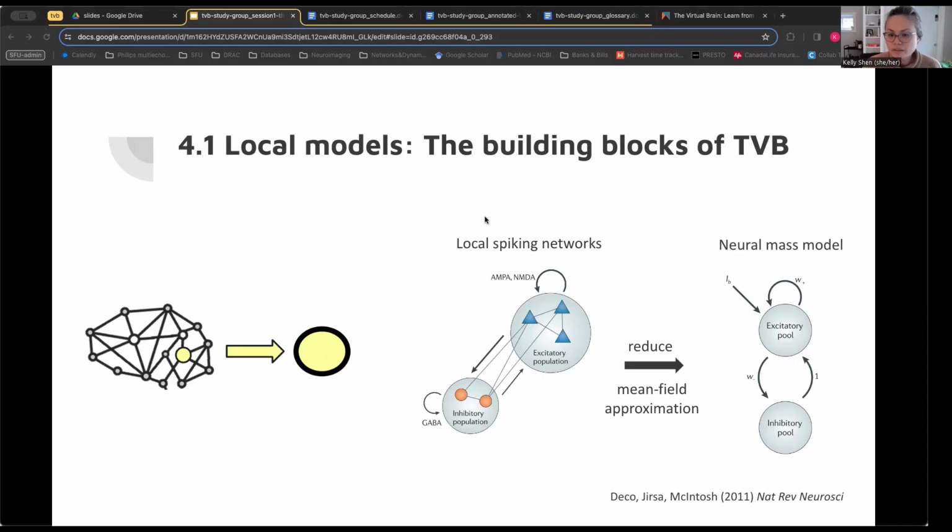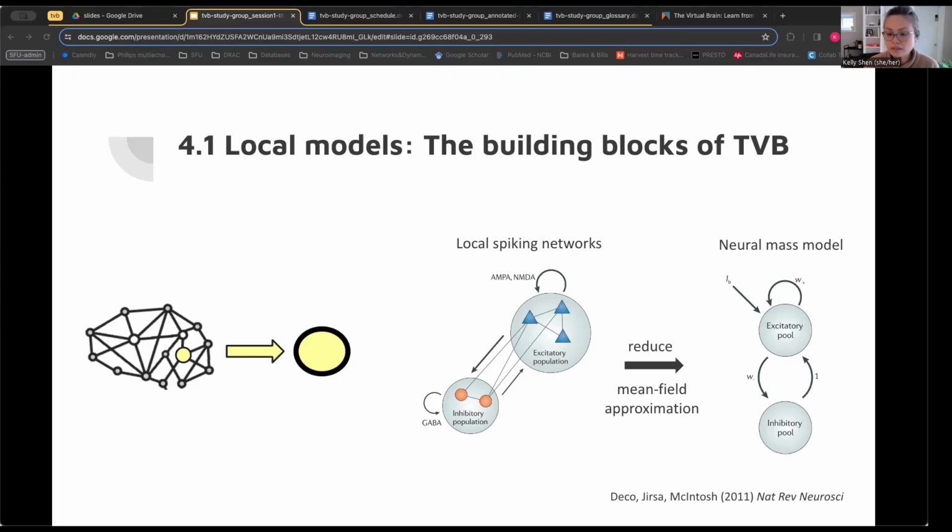What we start with conceptually can be local spiking models, right? There are lots of models that instantiate large excitatory pools of neurons. Those pools are connected to pools of inhibitory neurons. They have coupling between them that represents the neurotransmitter interactions and so on and so forth. These are spiking networks because the model output is raster plots or spikes. That level of detail is generally not needed, we would argue, for the kinds of models we're talking about at the larger scale.